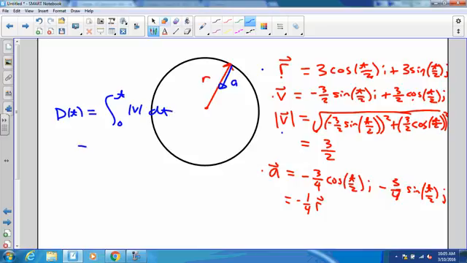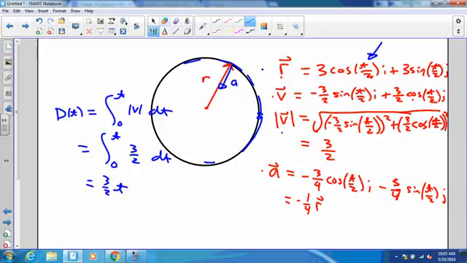Since we have our speed, if I want to find the distance traveled at any time t, then that distance traveled is going to be the integral of the speed. But because my speed is constant, I get an elegant result, which is the distance traveled, which is 3/2 t, no matter what.